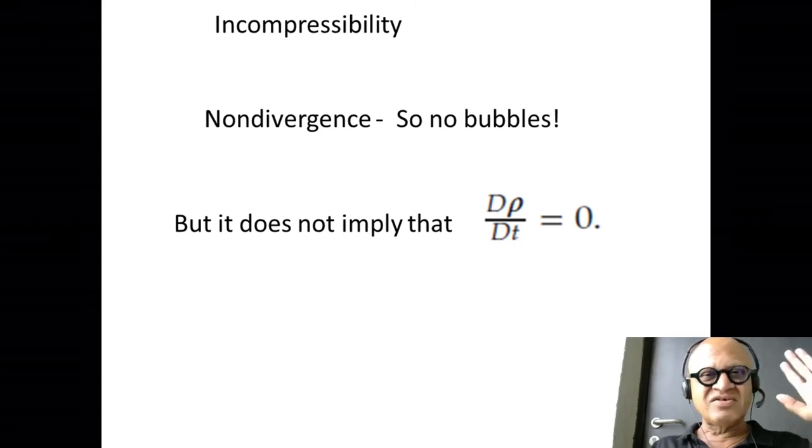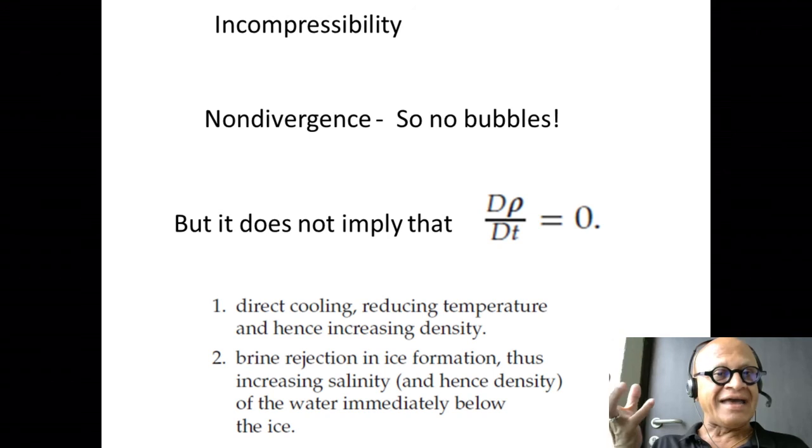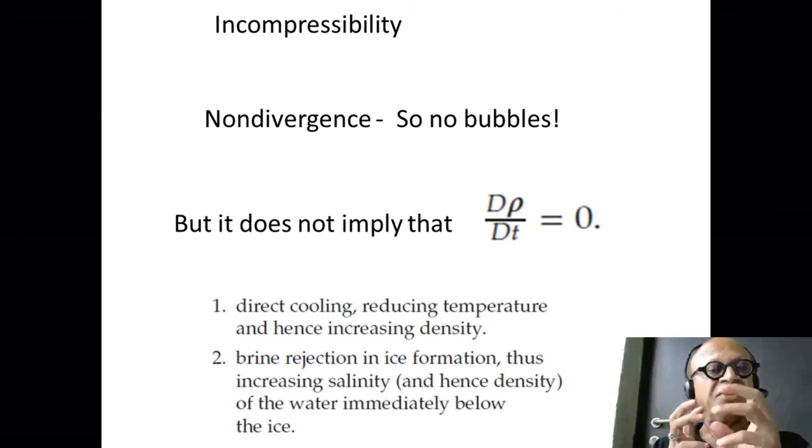There are details you can read up, but if you just remember that incompressible assumes that there is no direct cooling and reducing the temperature and increasing density. For example, in ice formation, when you form sea ice, the salt in the water is rejected as water freezes and the molecules get arranged nicely to make it lighter than water, for example.